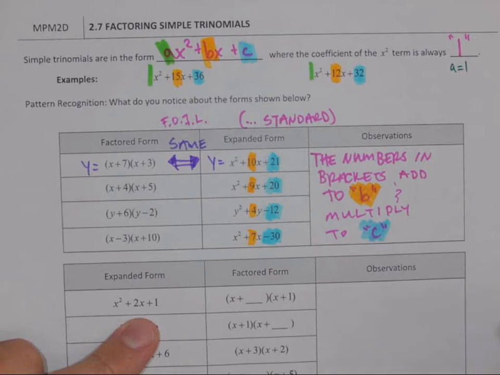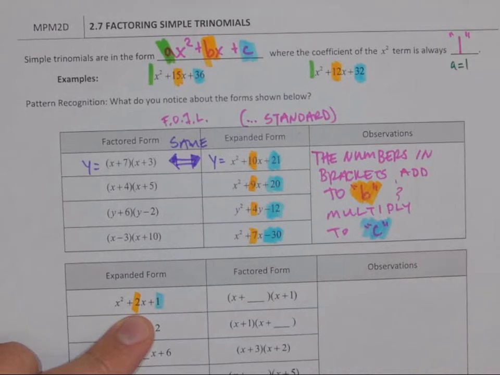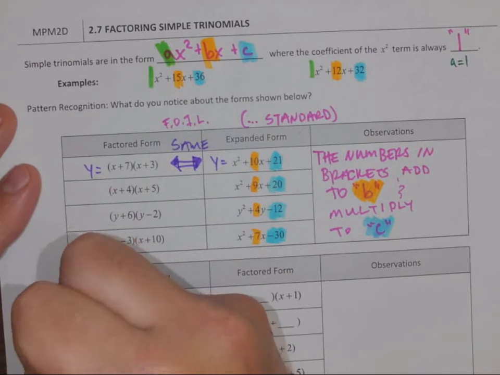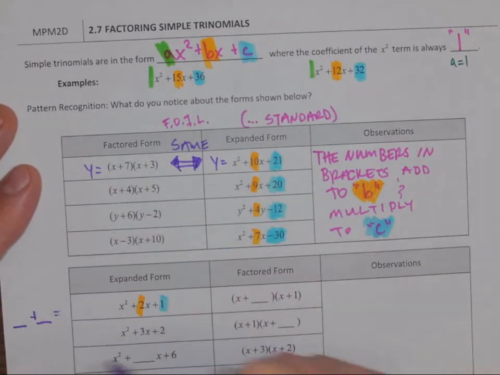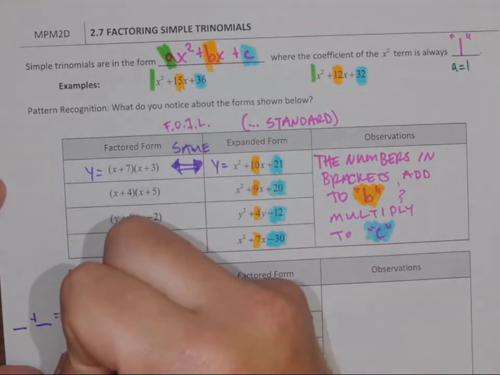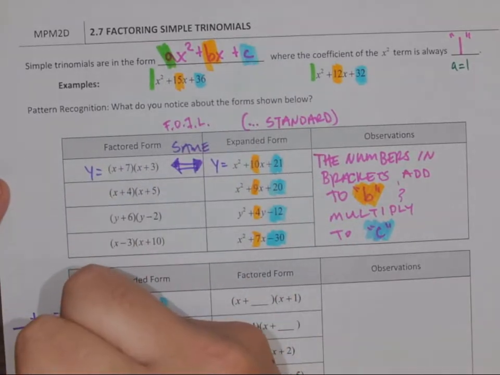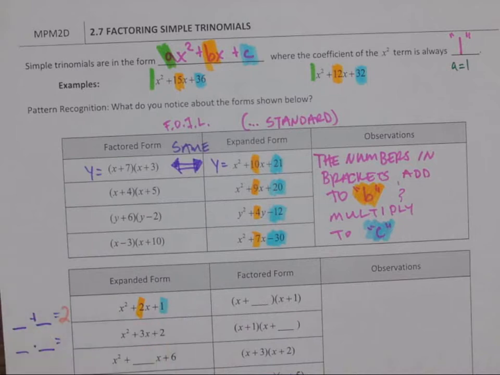So right now, again, we need two numbers that multiply to 1 and add to 2. Let me write it down here: I'm going to need two numbers that are going to add to 2, and those same two numbers are going to multiply to 1.